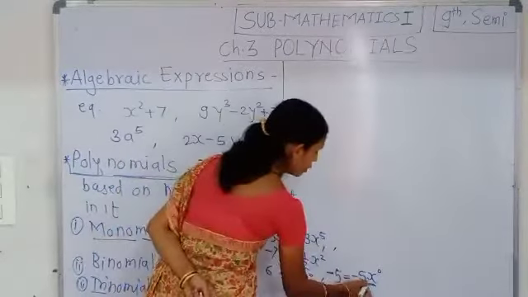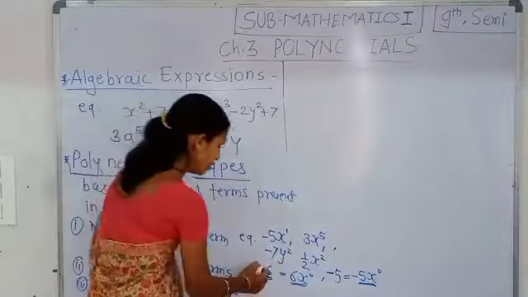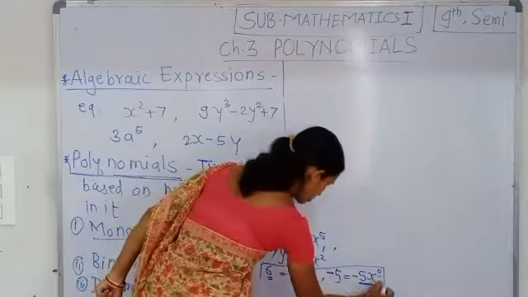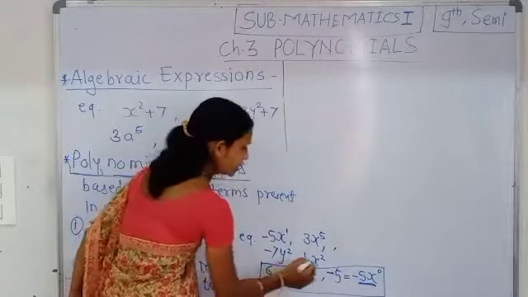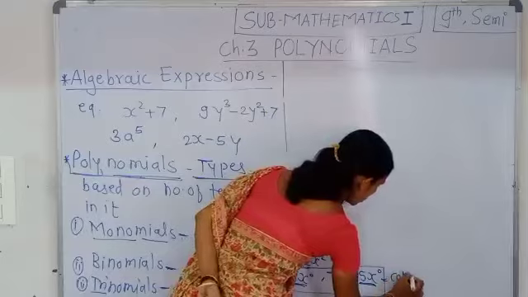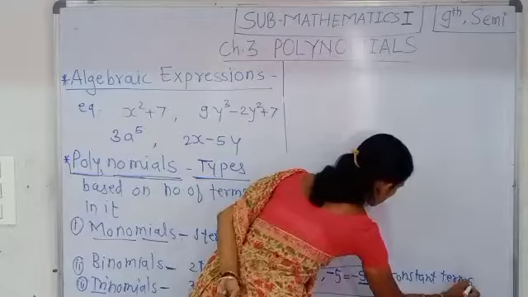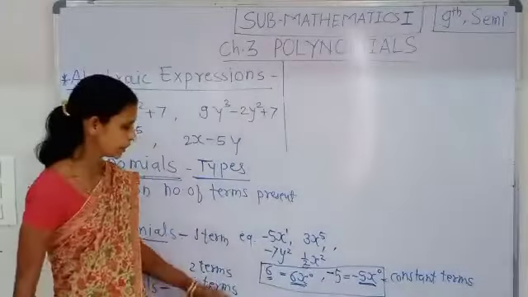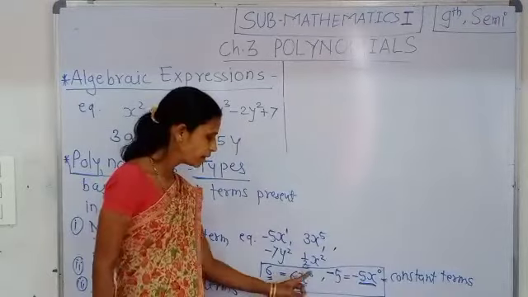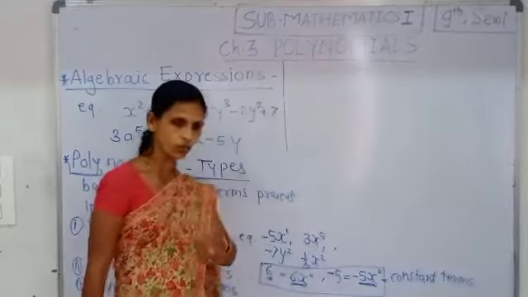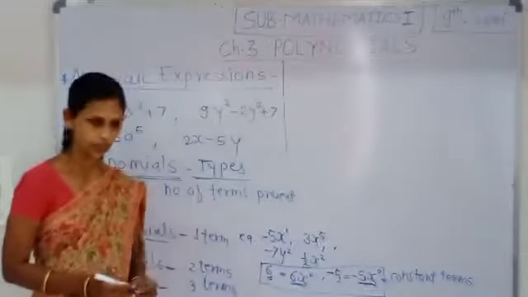Here only one term is there, and such terms are also called constant terms. What is a constant term? These are the terms of a polynomial in which the degree of the variable is 0. Those terms are called constant terms.